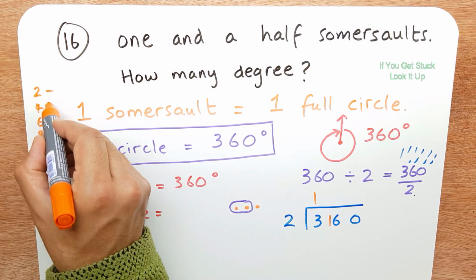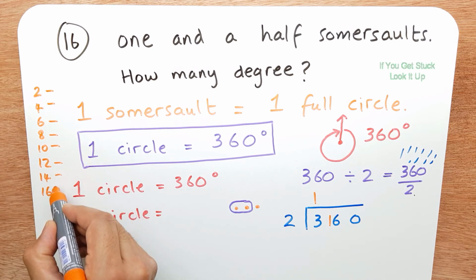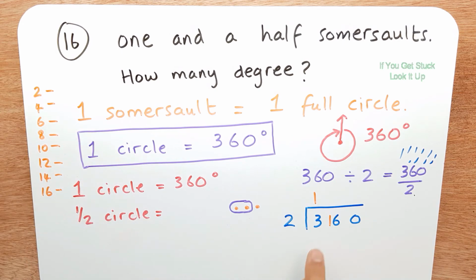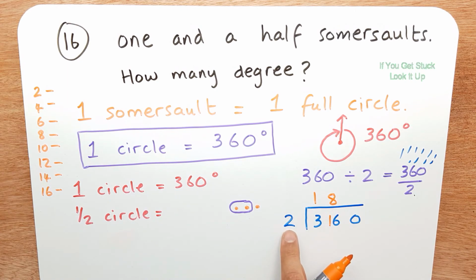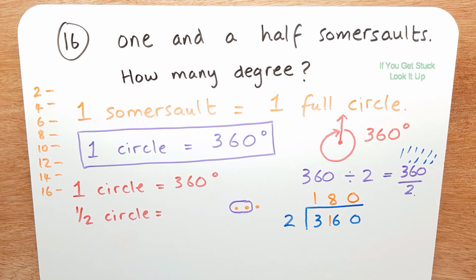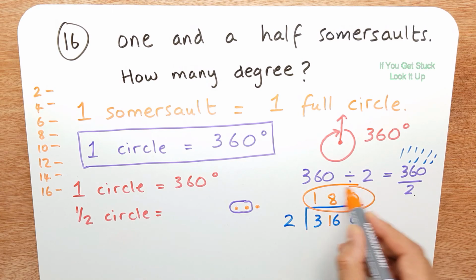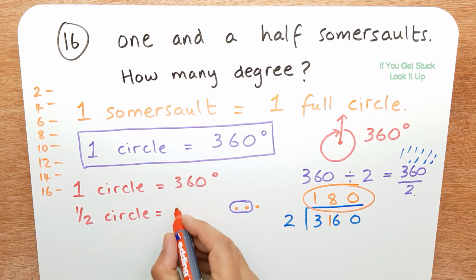So that is 1, 2, 3, 4, 5, 6, 7, 8. So how many 2s are there in 16? There's 8. Now finally we do how many 2s are there in 0? 0. So our answer is 180 degrees. Now going back to this, half a circle will be 180 degrees.